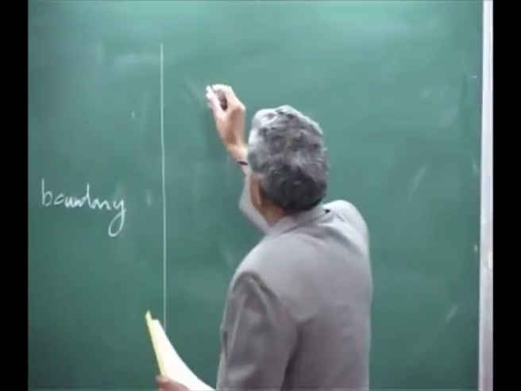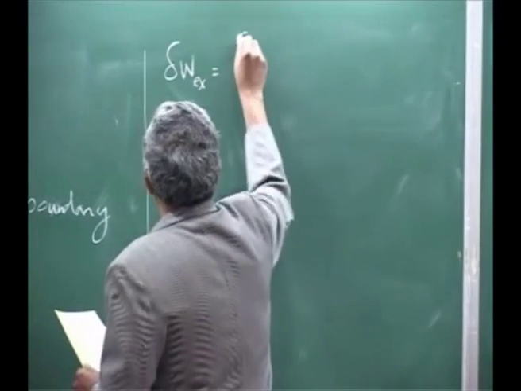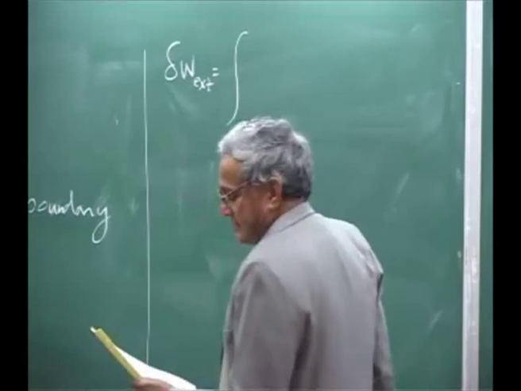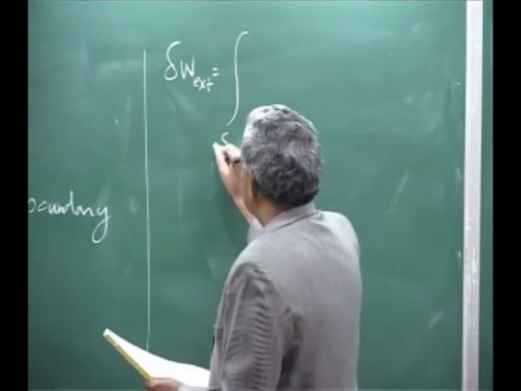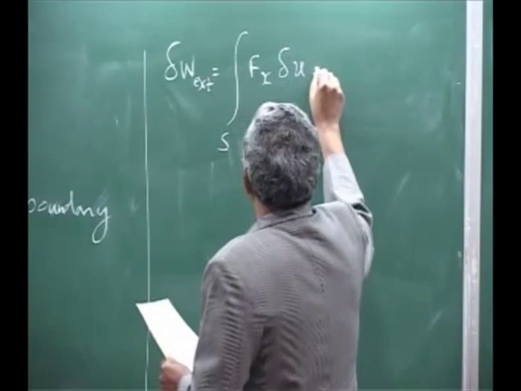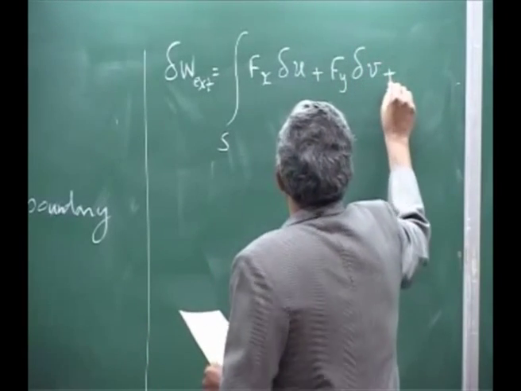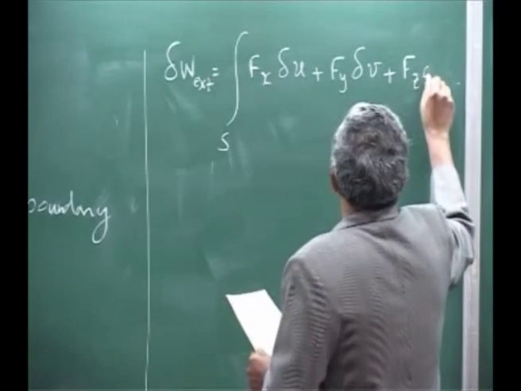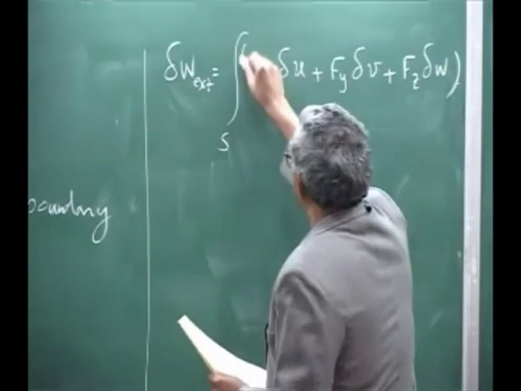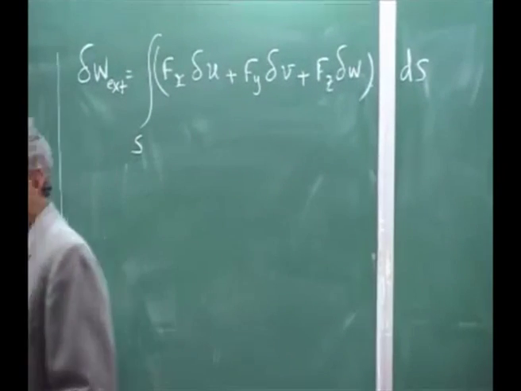And we will write our delta W external. This is a surface integral Fx delta U, Fy delta V, Fz delta W into d surface. Okay, this is what we have.